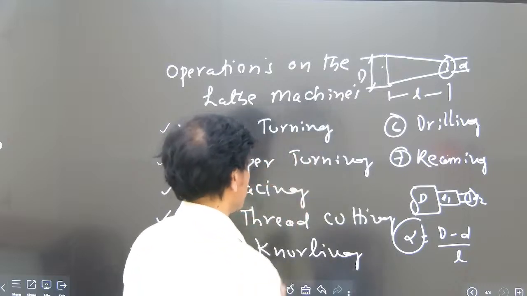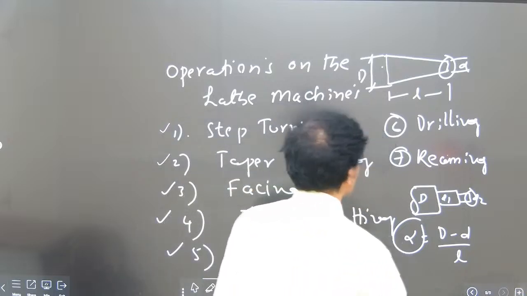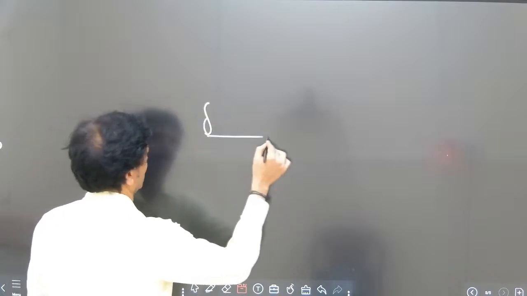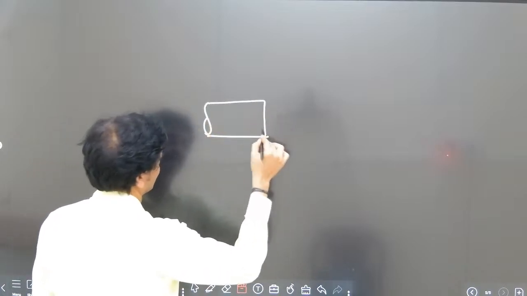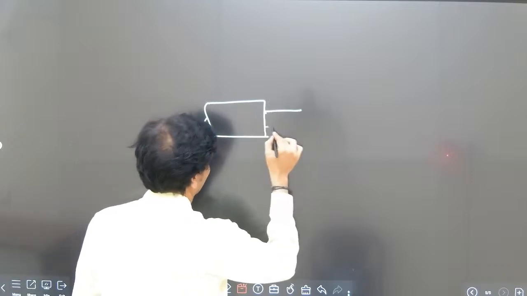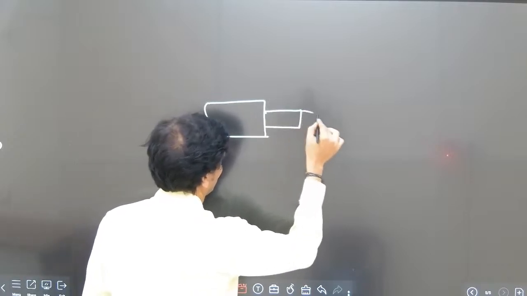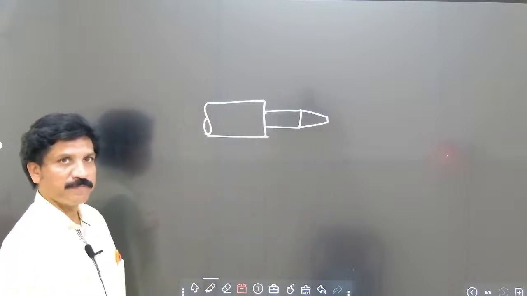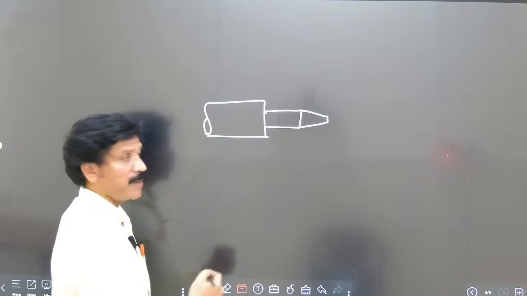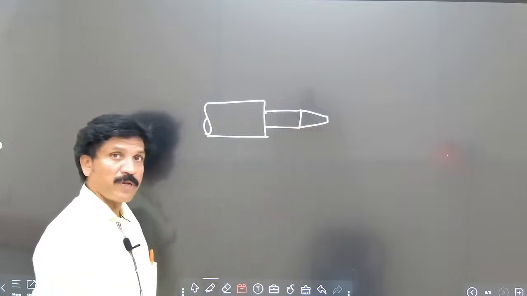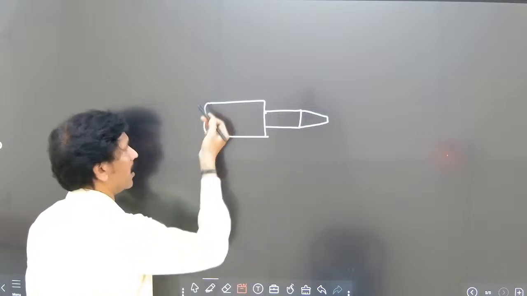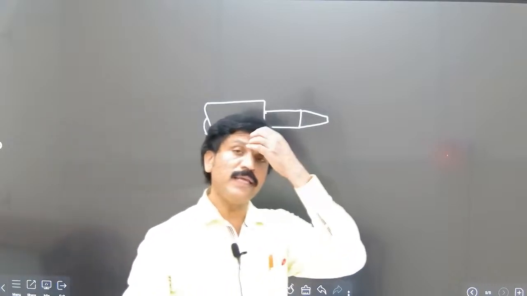See here, this one is the knurling operation. I will show the different operations here. Step turning operation, facing operation and taper operation, and finally here I am going to do the knurling operation.